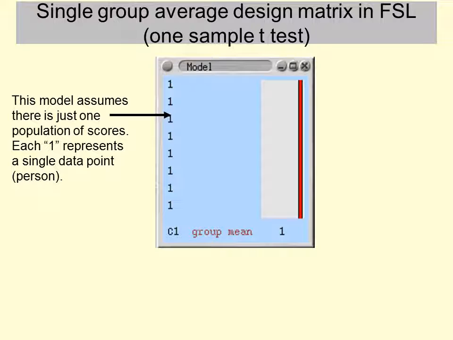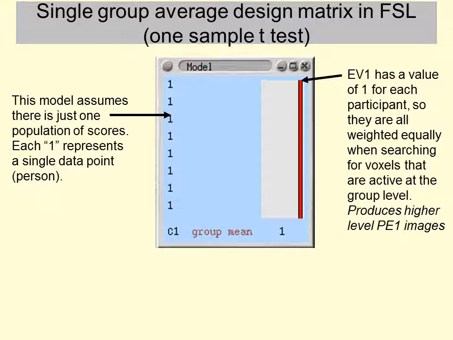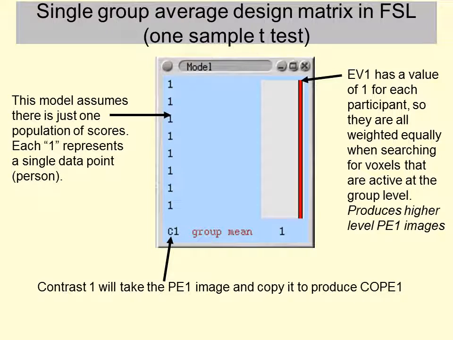So that just shows you that once again the model is just one population of subjects, and it tells us that all the participants here are going to be weighted equally because they've all got a value of 1. And in effect, this contrast just takes the parameter estimate 1 image and copies it to produce cope 1.